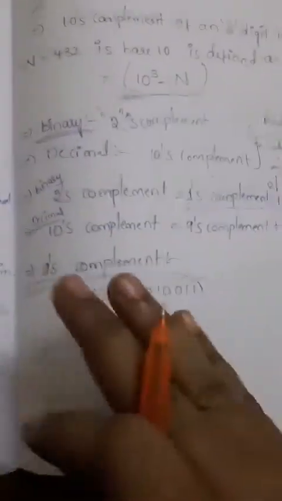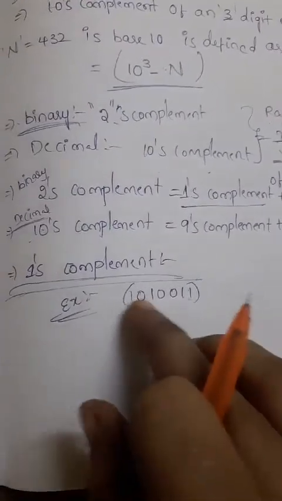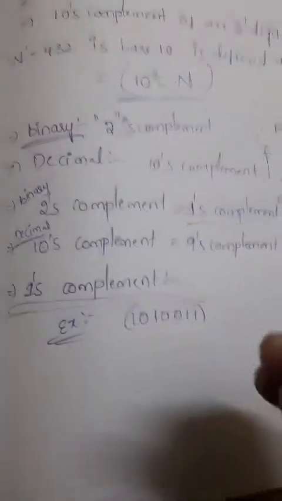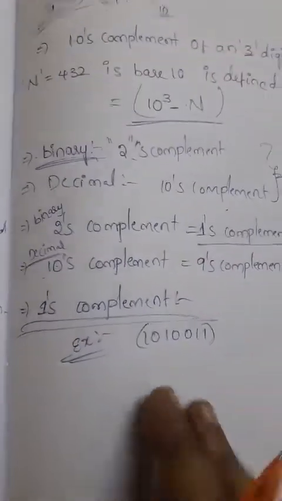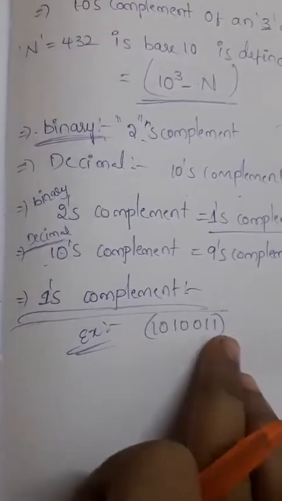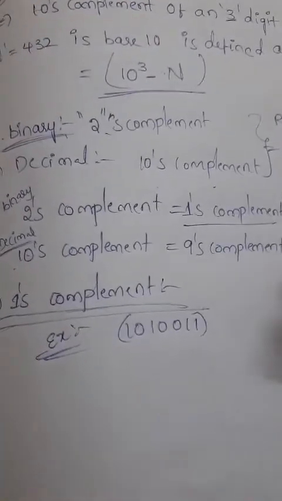So what is 1's complement? Whatever binary number you have, it consists of zeros and ones. Whether it is the MSB or the LSB, the digits will be replaced by zeros and ones.